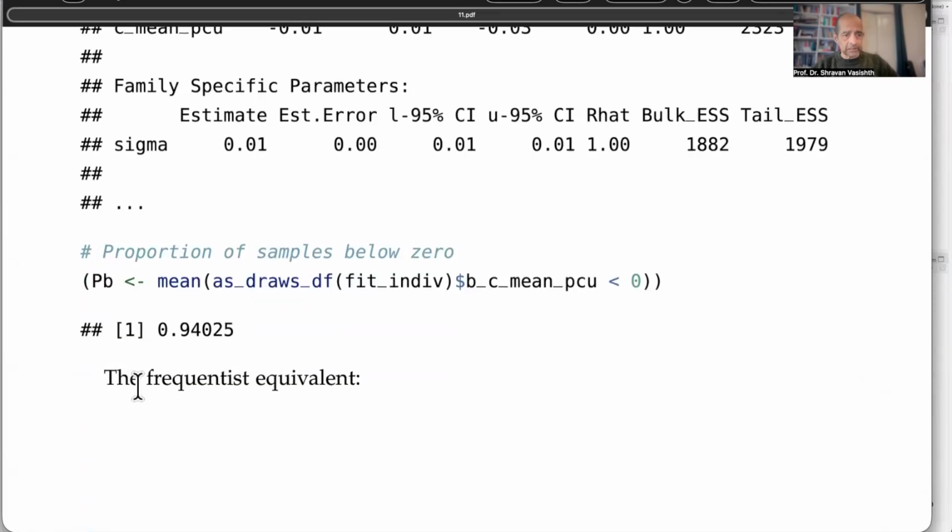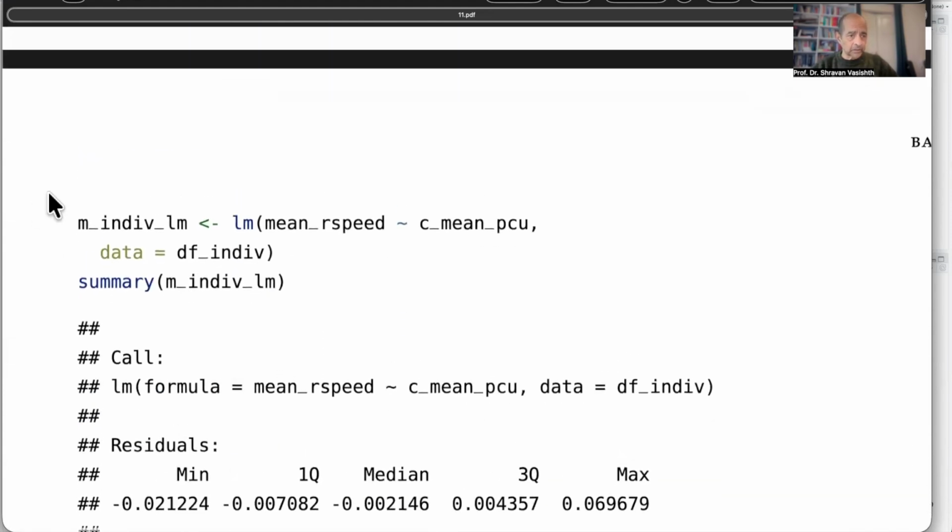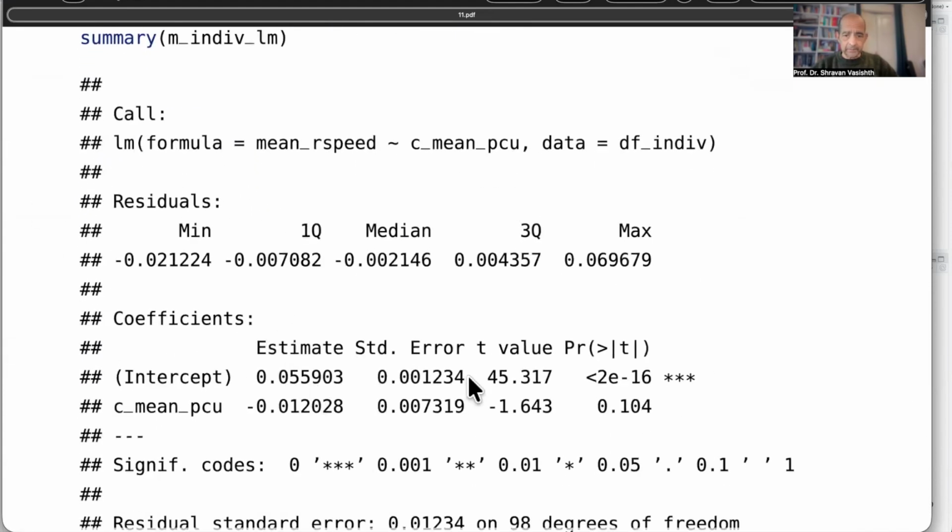If you calculate the posterior probability of the thing being negative, it's almost 95%. Very tantalizing. If you fit a frequentist model, you can do that too. You also get a marginal, well, marginal is pushing it here, but it's common to push 0.10 as a marginal effect, with a t-value of minus 1.6. So one could say that yeah, there's some tendency, the mean is going in the right, predicted direction, that the higher the working memory score, the faster the speed, okay?